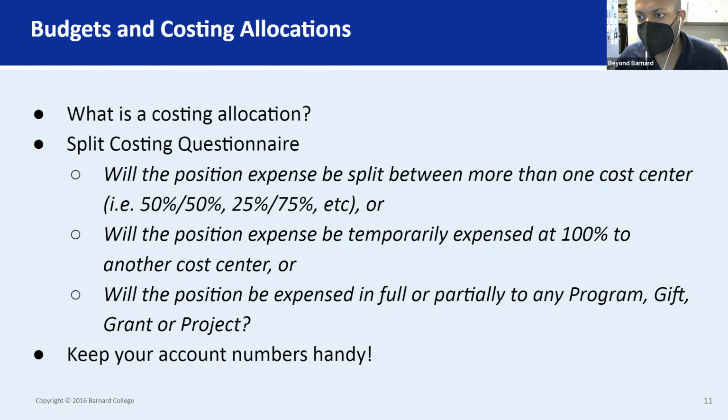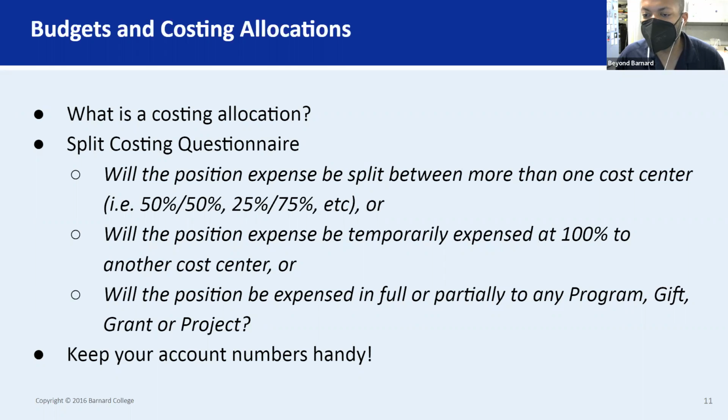First, will the position expense be split between more than one cost center? And then you have the option of designating percentages. You have the question, will the position expense be temporarily expensed at 100% to another cost center? Or will the position be expensed in full or partially to any program, gift, grant, or project?